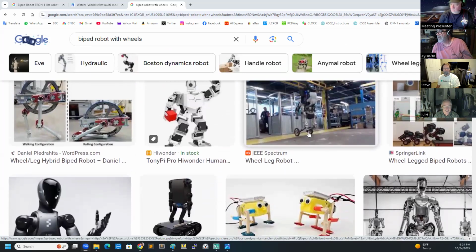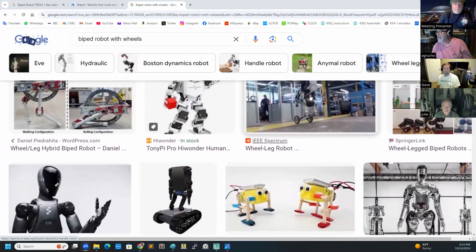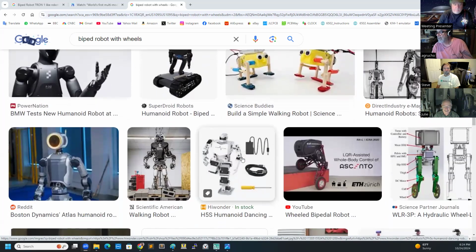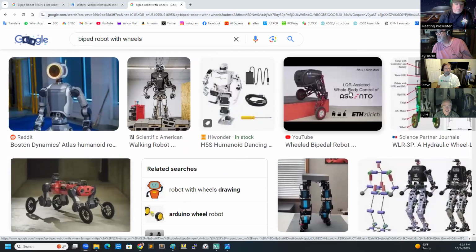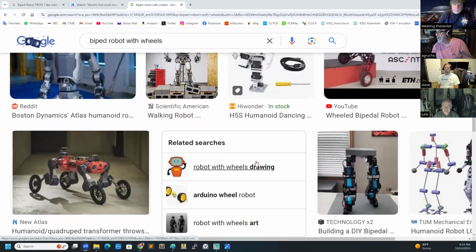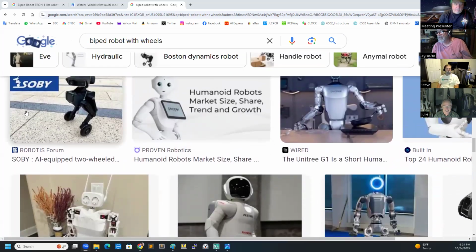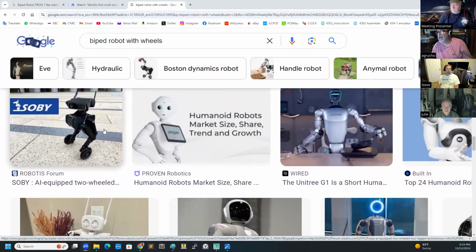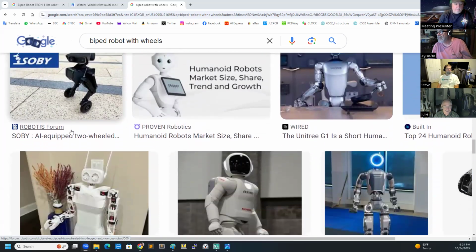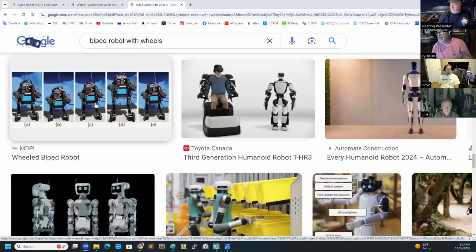There are a lot of robots using this concept of movement. This is another one here. And of course, Boston Dynamics with its huge one. But this is the one I knew about, this Accento, right after Boston Dynamics. Sobi is the same concept also. What was it? Handle, right? No, that wasn't Handle.